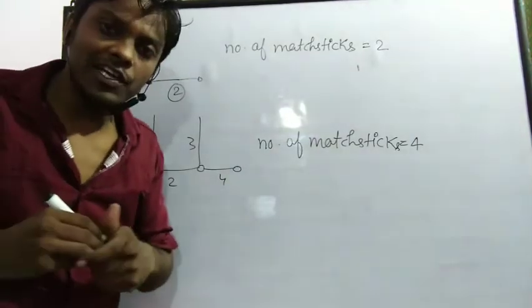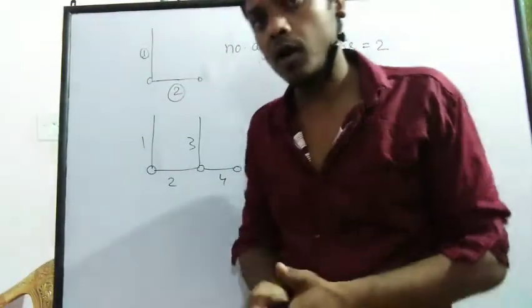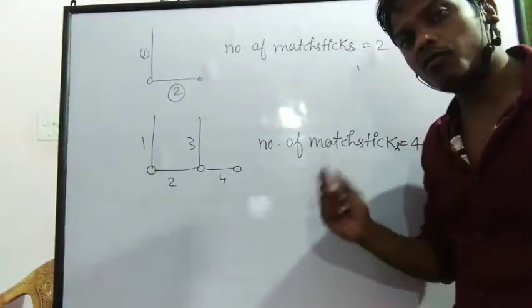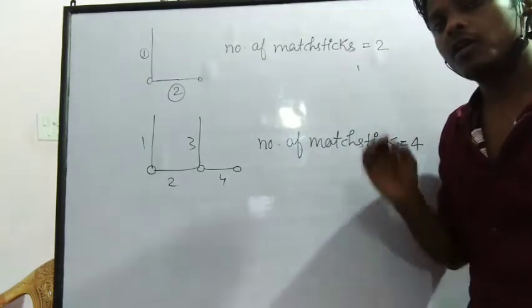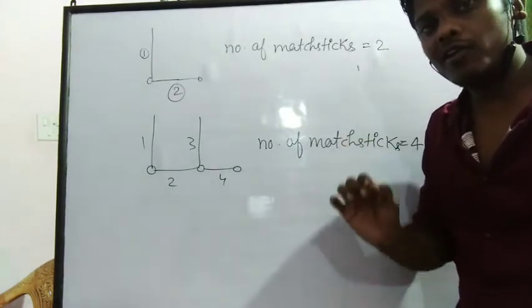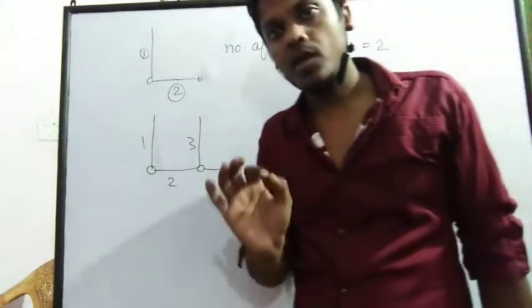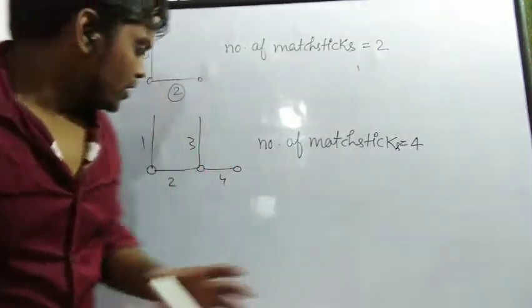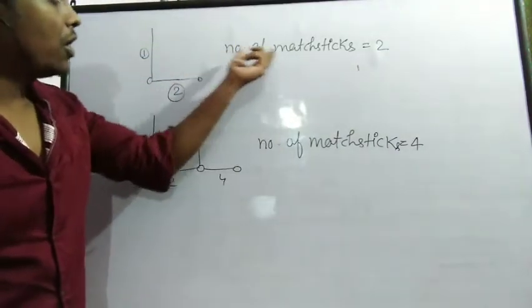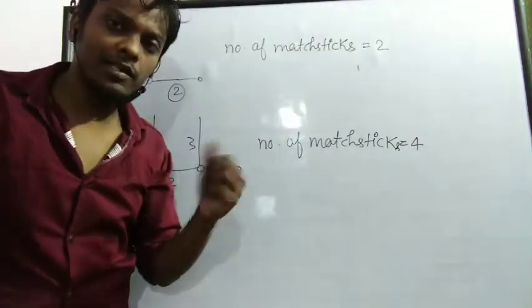Why? Because we can create a formula for the total number of matchsticks required in 100 shapes of L. How can we do that? See, the number of matchsticks required in 1 L is 2.